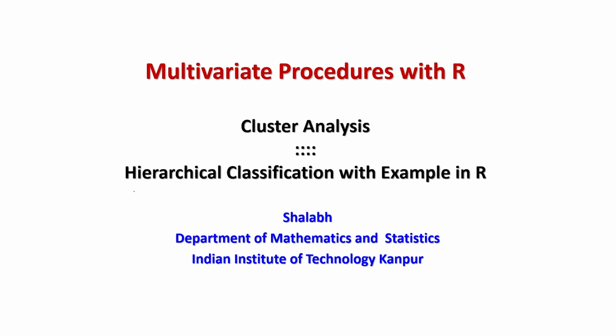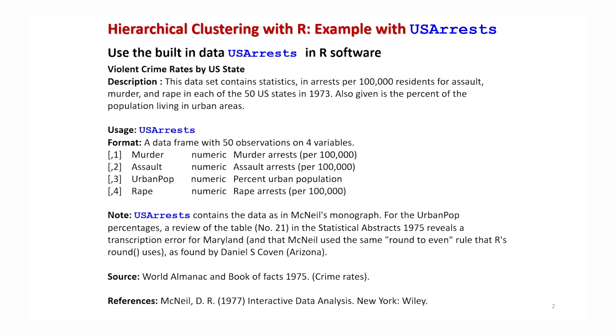So let us begin this lecture and try to understand hierarchical classification with some examples in the R software. I'm going to take here only one example, which is based on the data set available inside the R software, which is USArrests. This is the name of the data set, USA in uppercase, and Arrests in lowercase.